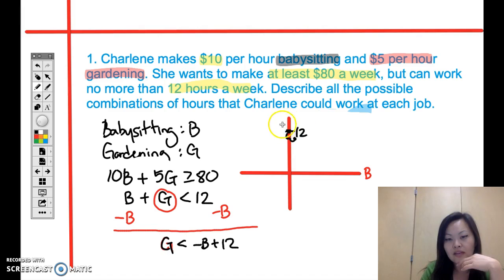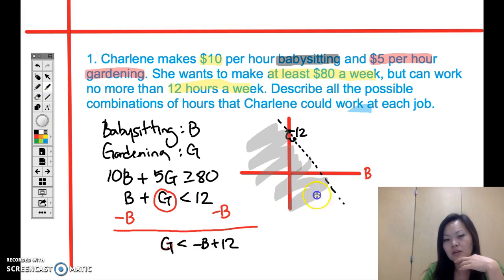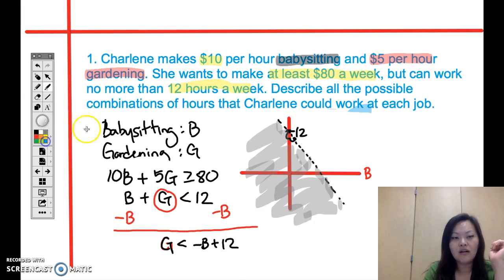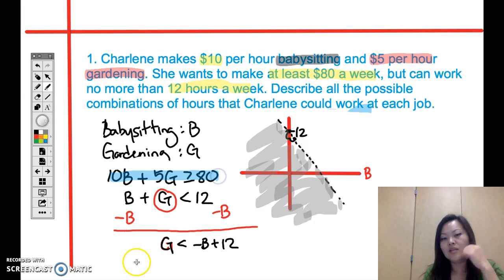And then this is supposed to be a dotted line because there's no line underneath, right? And then it says G is less than, which means I have to shade the bottom part, right? So this is the part that I'm shading, all of this underneath this line, okay?